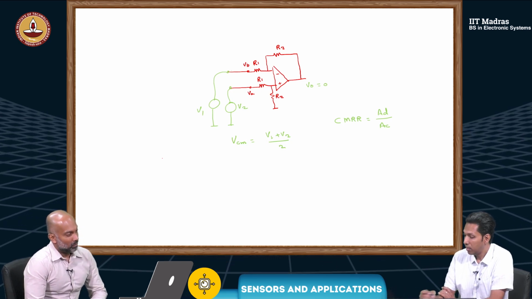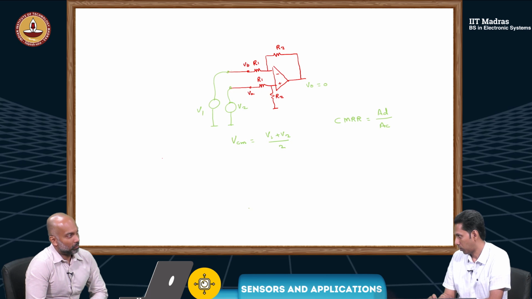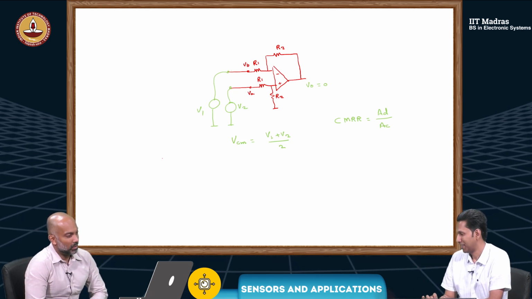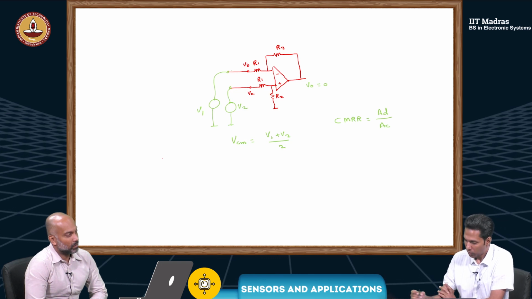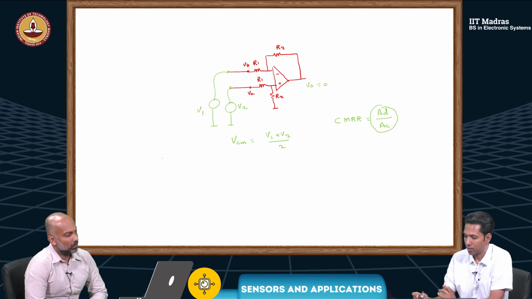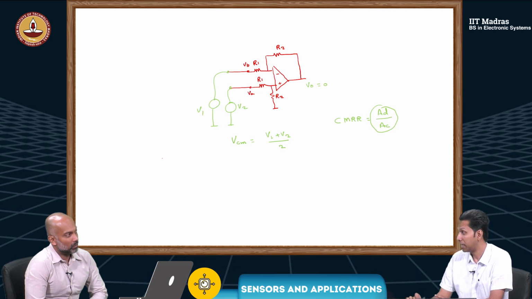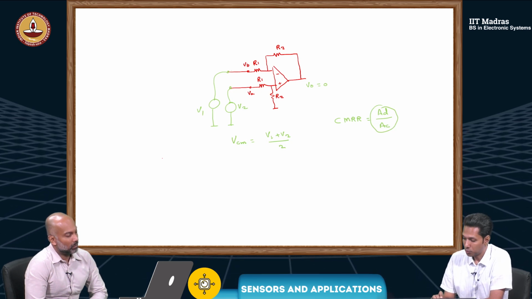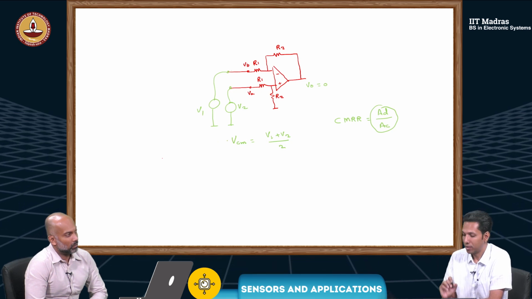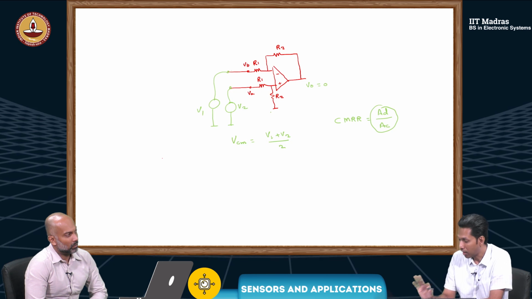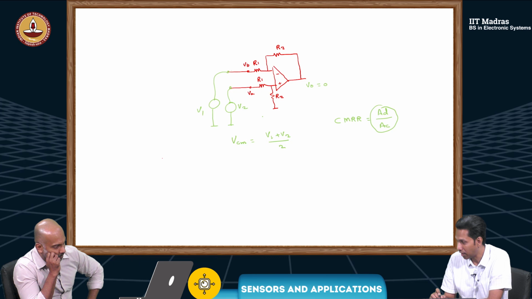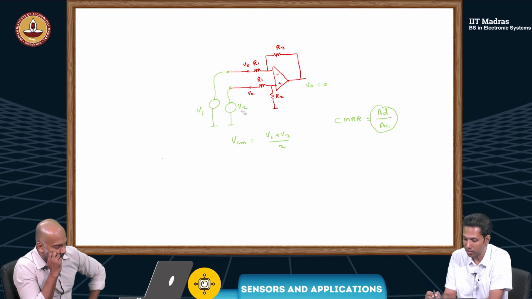Ideally, we want no gain for the common mode signal and we want large AD. So usually this value will be very large, and it's also expressed in dB. Why I brought this in is, this configuration has this benefit, provided all these resistors are matched. If there is a mismatch, there is a problem.